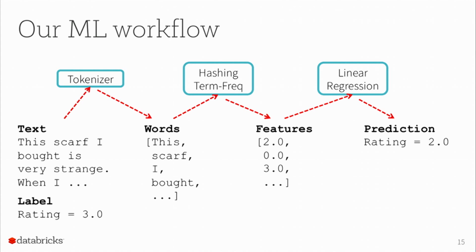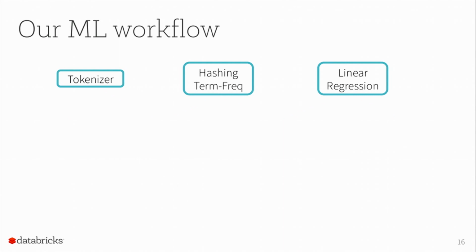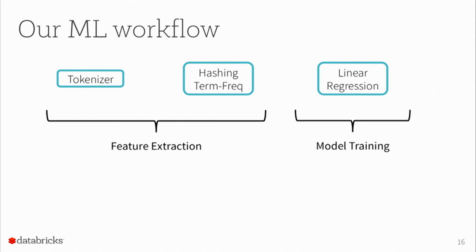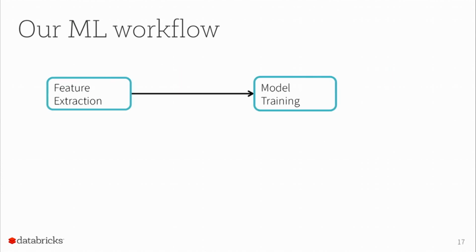And at the end, we can compare that prediction to the true prediction in our data. Cool, so these are sort of the three elements, and I'll lump them together into feature extraction and model training. So here's our very simplified ML workflow: feature extraction, model training.